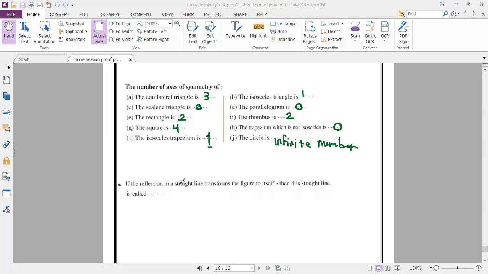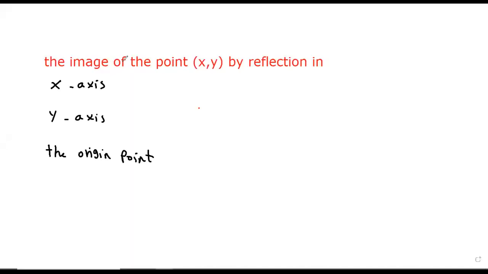If the reflection in a straight line transforms the figure to itself, then this straight line is called a line of symmetry or axis of symmetry. When it comes to reflection, we need a line, the mirror line.